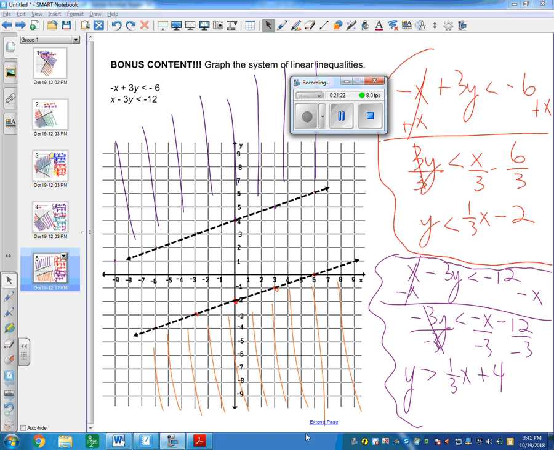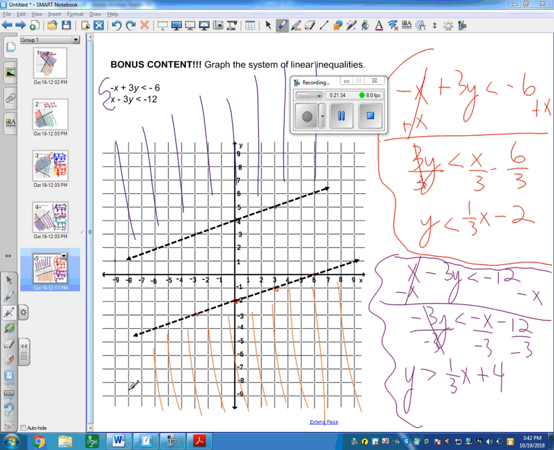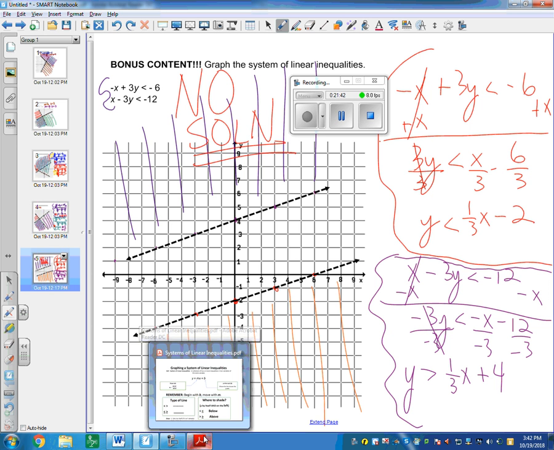That means that this system of inequalities has, I hope you're ready for this, I better put it in a color that is attention grabbing. This system has no solution.